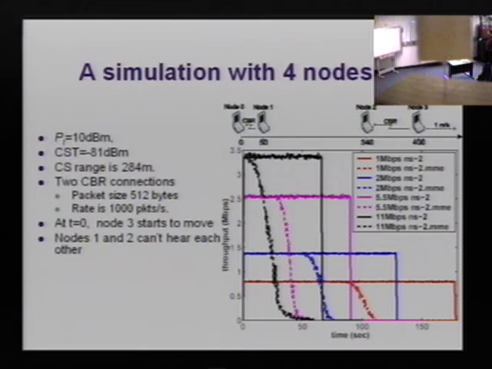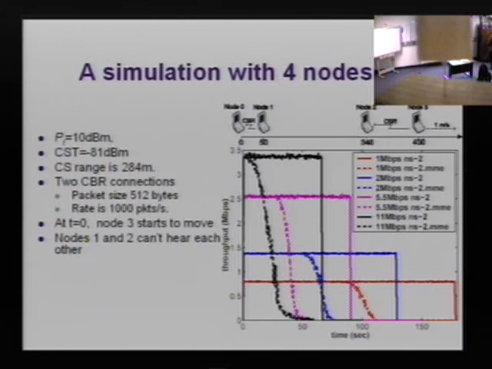It didn't make any difference. But in our model, because of interference from this transmission here, the range actually drops from 240 to 160. A transmission 290 meters away drops the range from 240 to 160 meters.